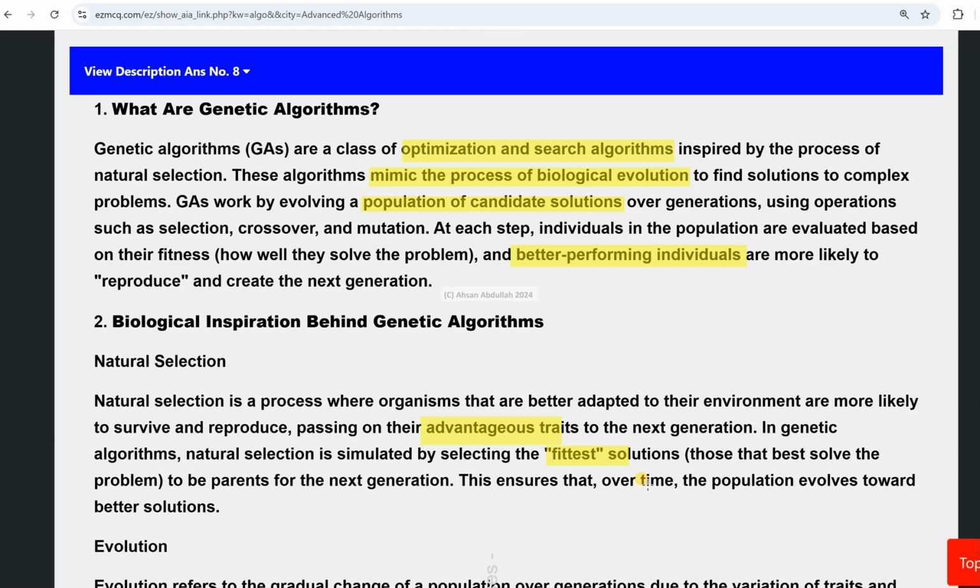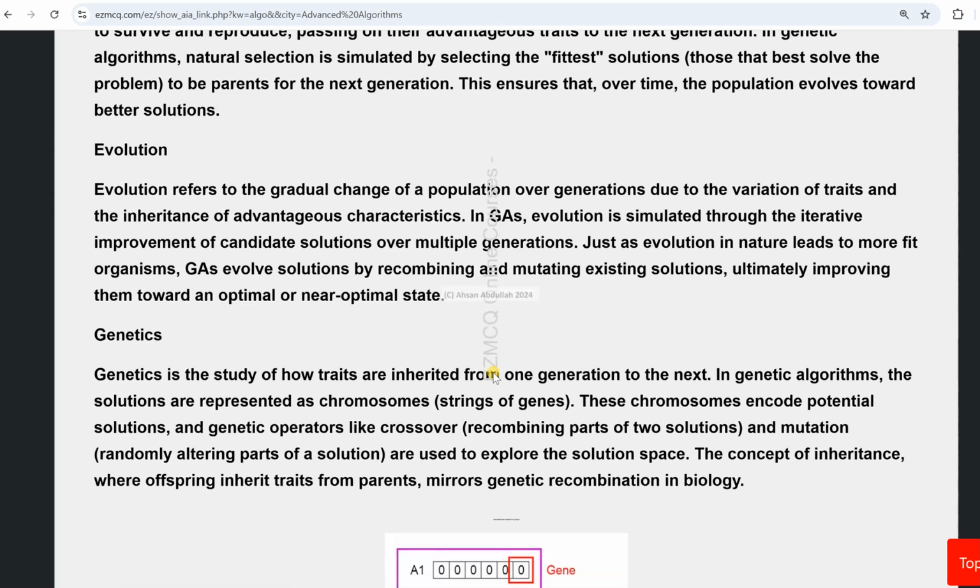The objective is that if we keep on repeating this, the population evolves towards better solutions, meaning that they get out of the local optima. That's the objective: don't get stuck in the local optima. So what is evolution? Evolution refers to a gradual change of a population, a gradual fine tuning or improvement of the solution.